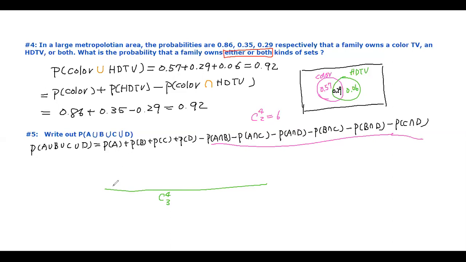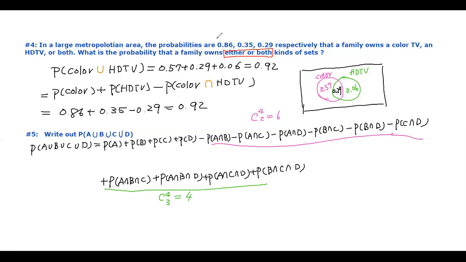So you need to add back, just like we did with 3 events. So with 4 events taking 3, it's A intersect B intersect C, plus A intersect B intersect D, then plus A intersect C intersect D, plus B intersect C intersect D, right? That's correct, because for C of 4, 3, I only have 4 different situations.